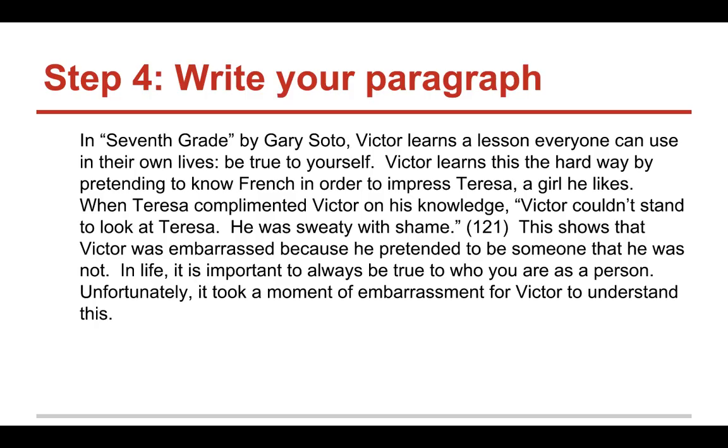When Teresa complimented Victor on his knowledge, Victor couldn't stand to look at Teresa. He was sweaty with shame. This shows that Victor was embarrassed because he pretended to be someone that he was not. In life, it is important to always be true to who you are as a person. Unfortunately, it took a moment of embarrassment for Victor to understand this.